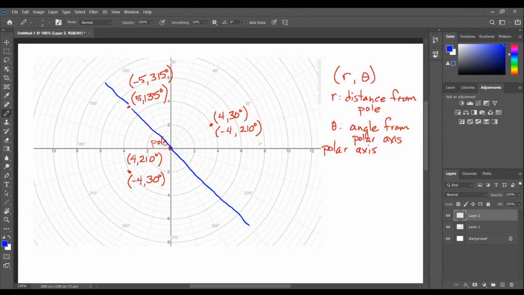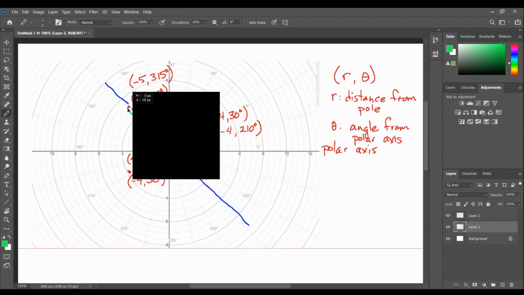So it's as if, let's see if I can change color again, as if we rotated through the angle of 315 degrees, and then rather than move +5, we moved -5 to put the point.